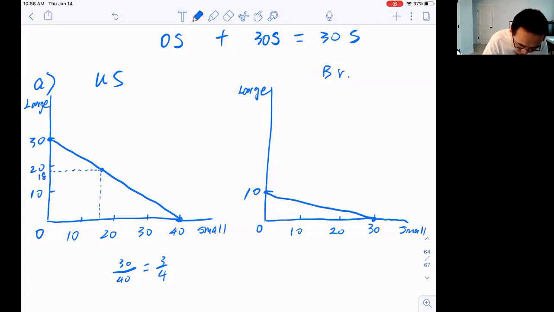So it's 18 large and 16 small. Call this point A.